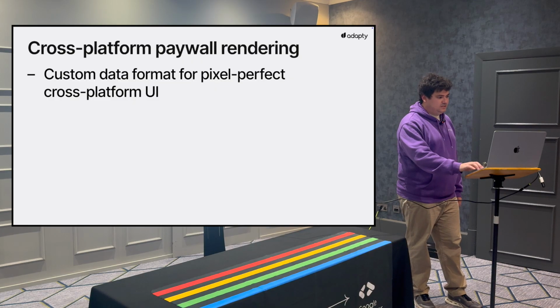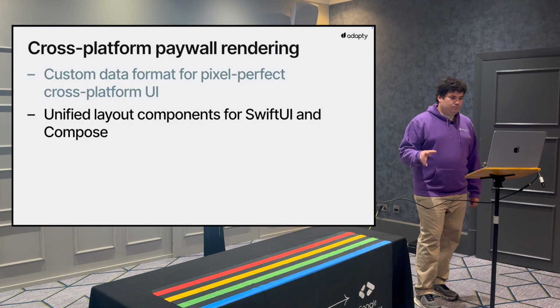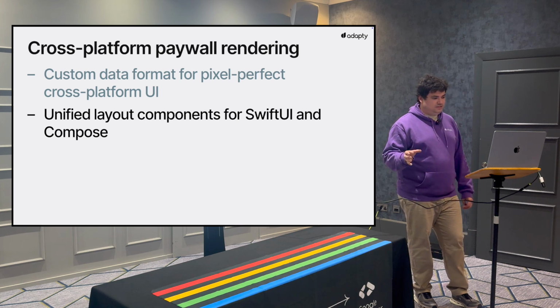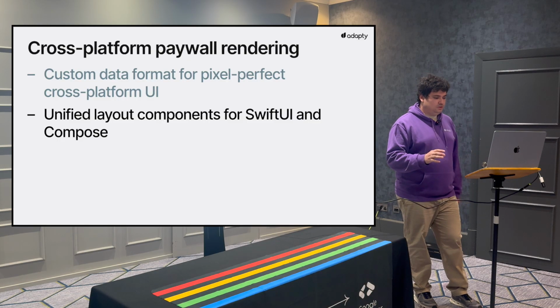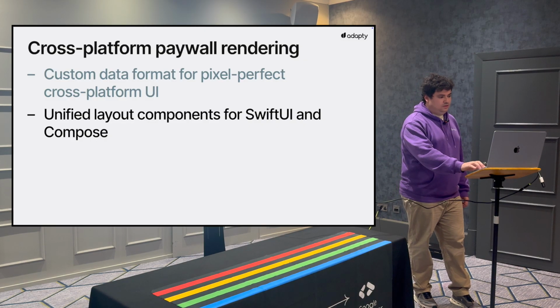which allows us to query it much faster. We also have to build unified components for SwiftUI and Compose, because some elements behave differently on Android and iOS. It could be that lists work a little bit differently, so we have to create workarounds, because customers expect the paywall or the other screens to be exactly the same on the different platforms, so we have to design over that.